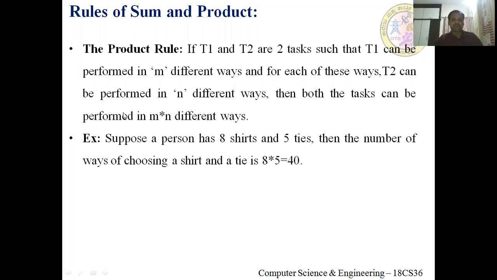One more rule is the product rule. It states that suppose, as usual, you have two tasks T1 and T2, such that T1 can be performed in m different ways, and for each of these ways, T2 can be performed in n different ways, and both the tasks are performed one after another, that means both are dependent.